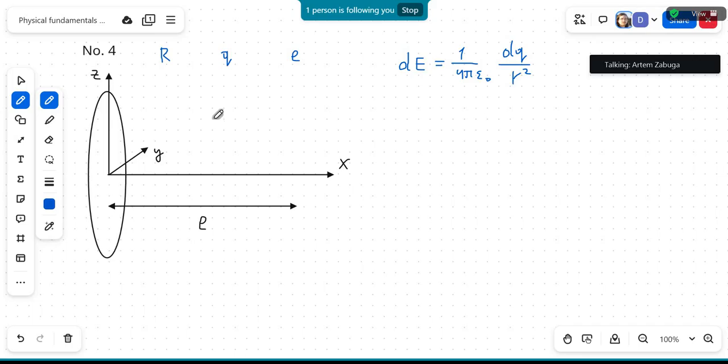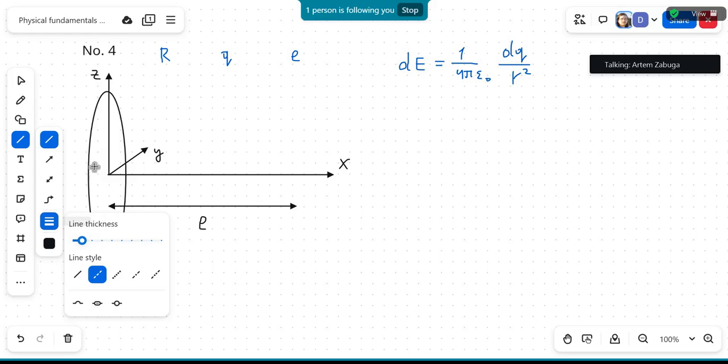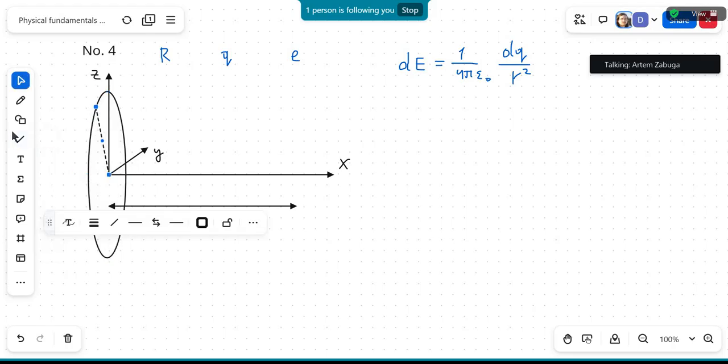But we have a charged ring. So how to cope with this? I think we can consider an infinitely small part of the ring.